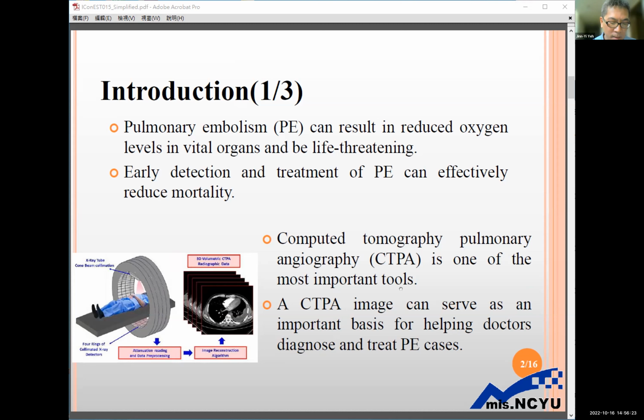And computed tomography pulmonary angiography, called CTPA, is one of the most important and detailed techniques for examining the blood vessels inside the lungs. A CTPA image can serve as an important basis for helping doctors diagnose and treat PE cases.